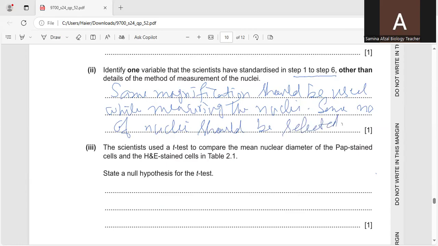And the scientists used a t-test to compare the mean nuclear diameter of the pap stained cells and the H and E stained cells to state a null hypothesis.